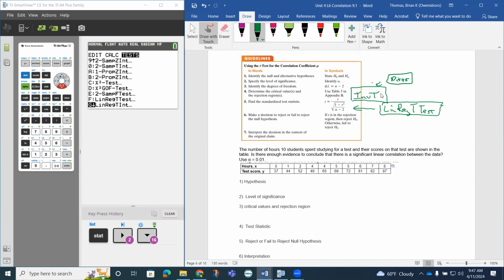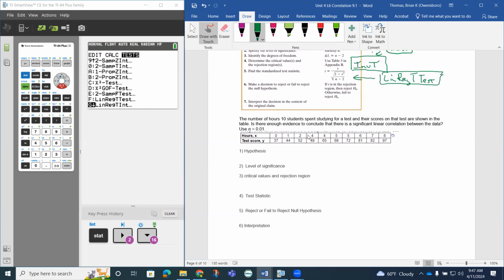Again, the t-distribution table is not that bad, so you're more than welcome to do that, but I'm just going to let the calculator do most of my work on this problem. If t is in the rejection region, then we reject H0. Otherwise, we fail to reject H0. And then we interpret the decision from there.